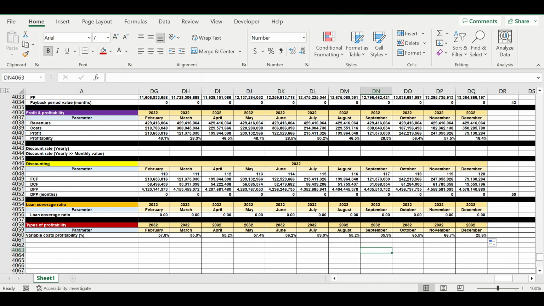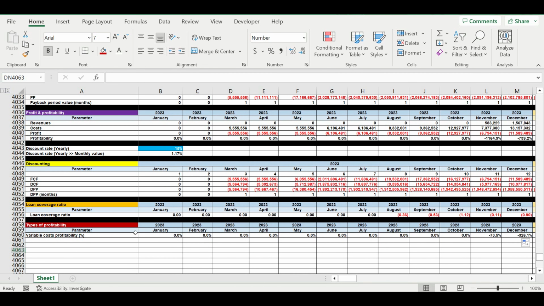The next profitability will be operating activity profitability.